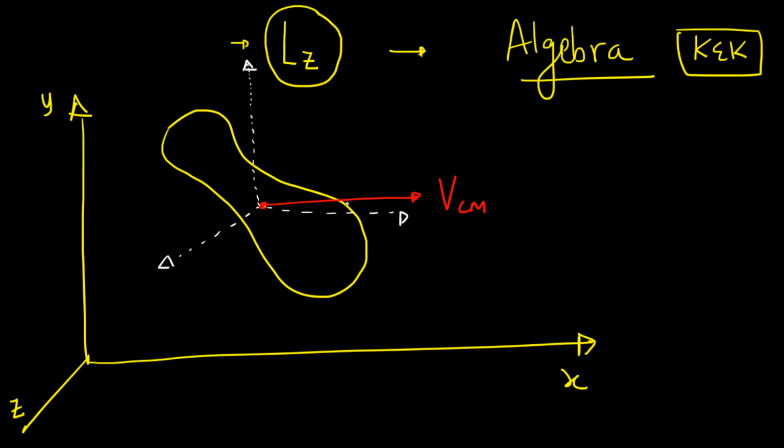So there's a guy who's traveling with this frame of reference, and when you ask him what's happening to this object, he will say it's rotating about the center of mass, pure rotation about the center of mass, and it's probably rotating clockwise or anti-clockwise, and it is a pure rotation about this point because this point, according to this observer, is stationary, and that's what qualifies as pure rotation.